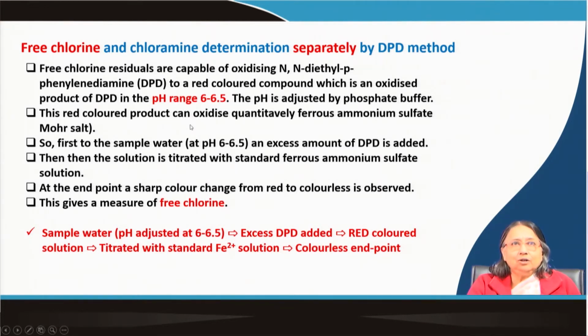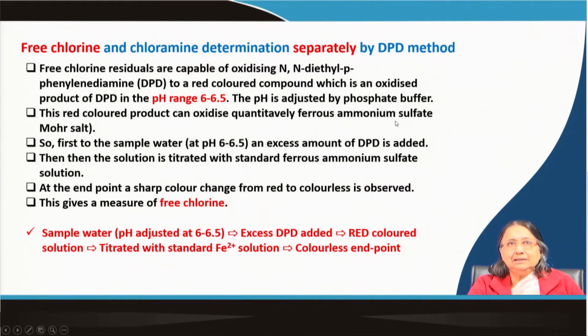Now, the red colored compound is produced, and it is quantitative to the chlorine concentration. So, how much chlorine is there, that much oxidized DPD will be formed. Okay. Now, what will you do? This red colored product can oxidize ferrous ammonium sulphate, also known as Mohr salt, quantitatively. Ferrous Fe2+ goes to Fe3+, right.